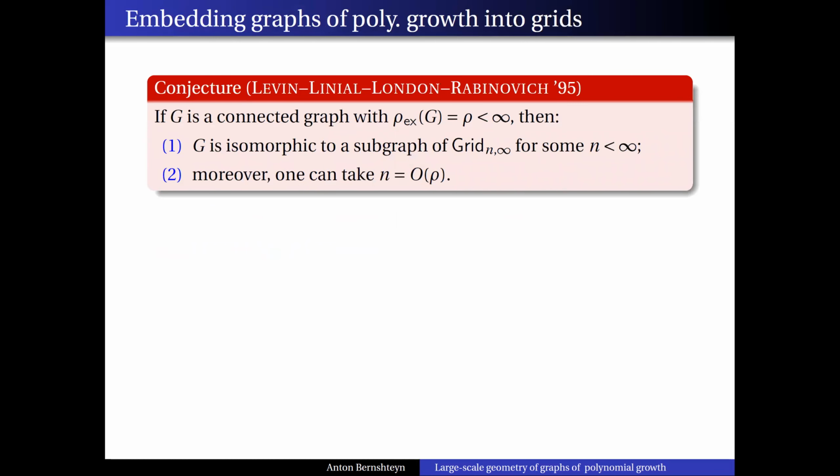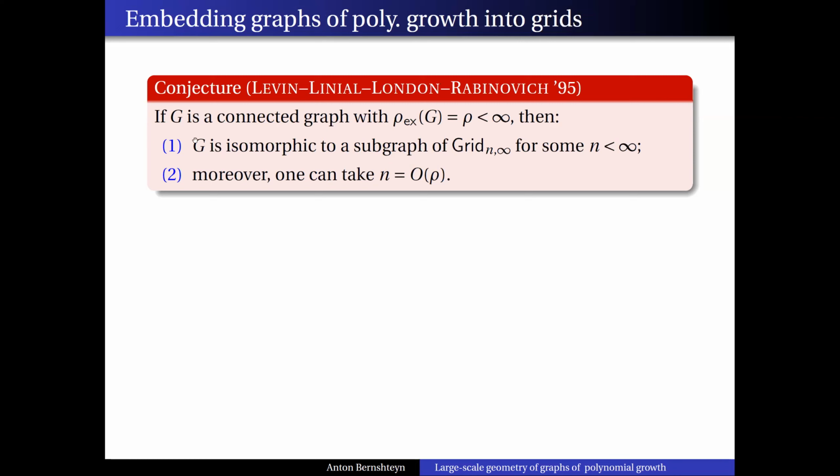And the story I would like to tell you starts with a conjecture of these four authors. It appears in the paper of Linial, London and Rabinovich, but they say that the conjecture is due to Levin. So let's attribute it to all four of them. What the conjecture says is a rather bold statement.